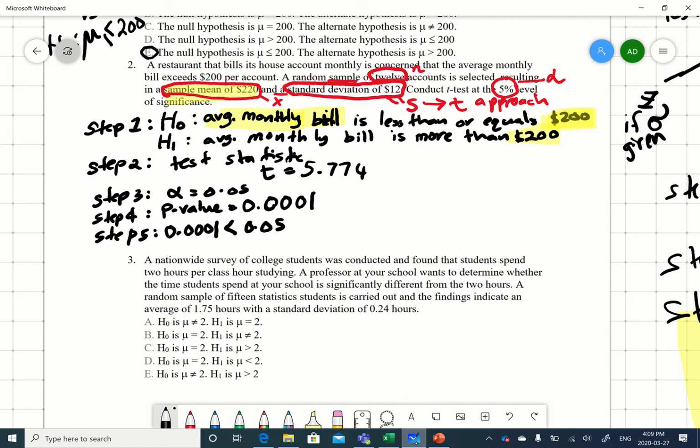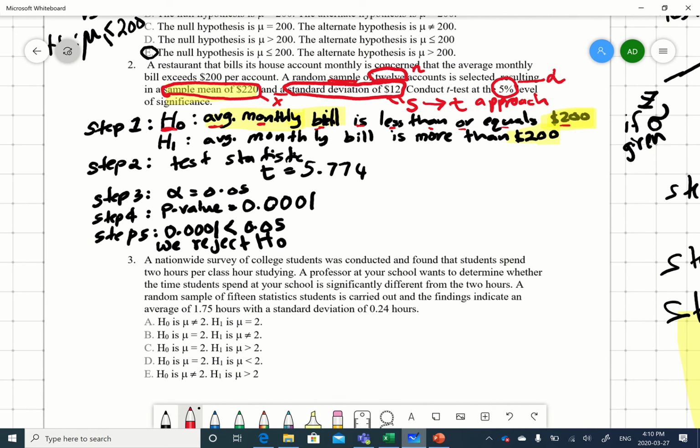So our conclusion is we reject H naught. So now you look into H naught. What does it say? So H naught is this. It says average monthly bill is less than or equals to 200. So according to our test, we are going to reject that.